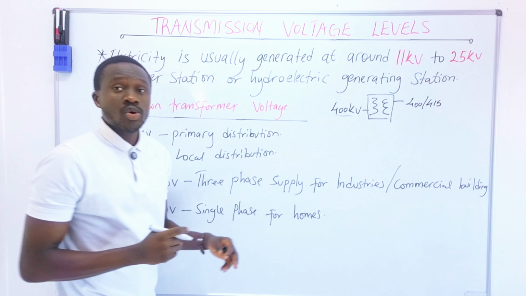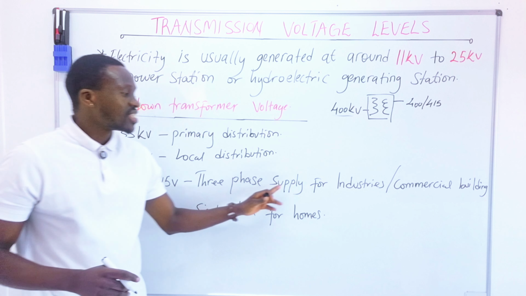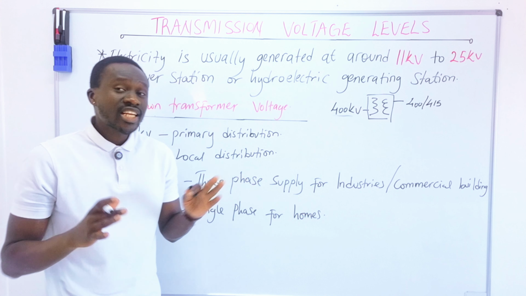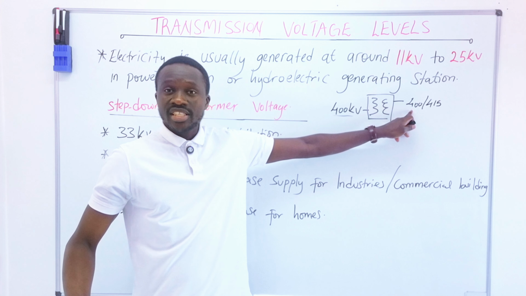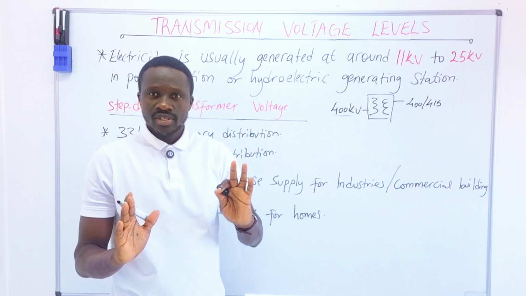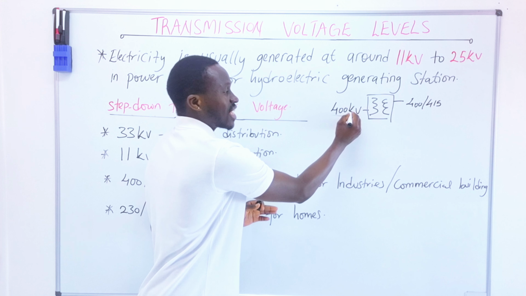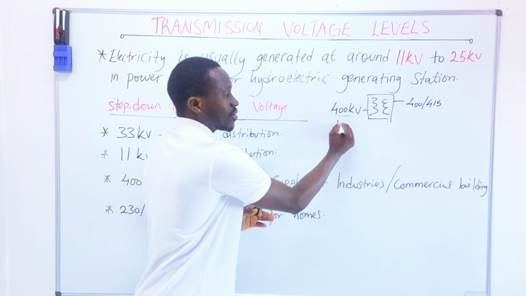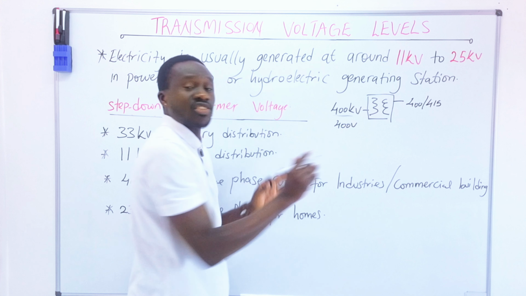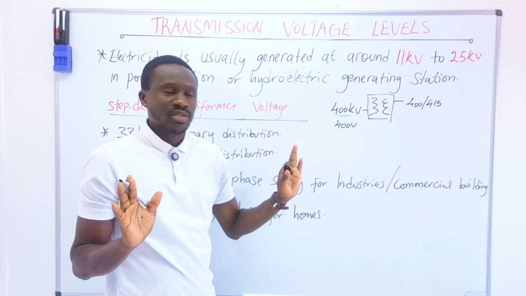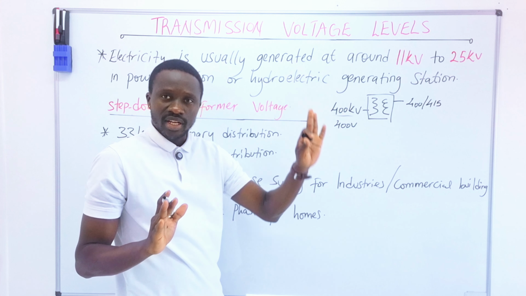That is where we get the name of the three-phase supply for industries. Industry now uses this 400 volts, just volts, not 1,000. This is 400 kV, but now it has stepped down to 400 volts from 400,000.